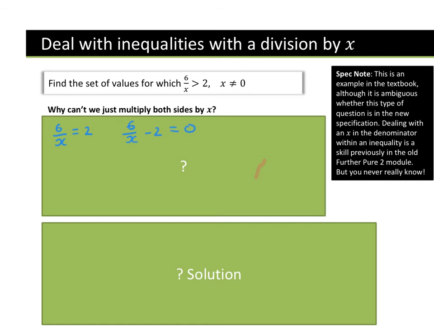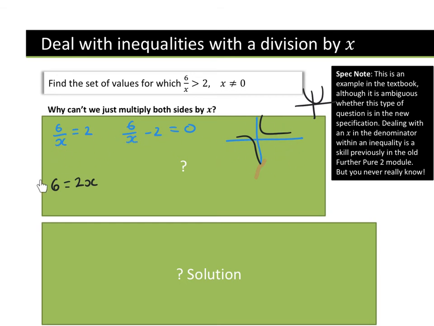Okay, let's just pretend that's y. Yeah? That graph, I know that 6 over x minus 2, the graph's going to look something like this.